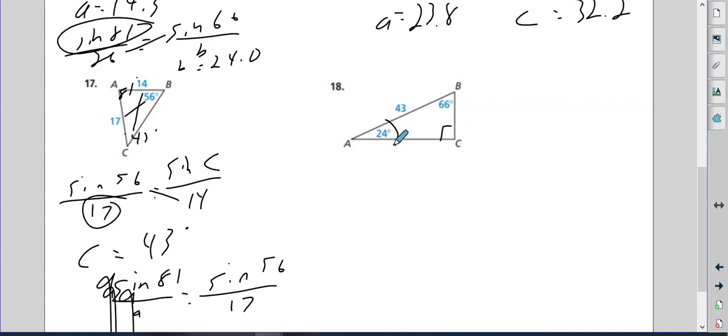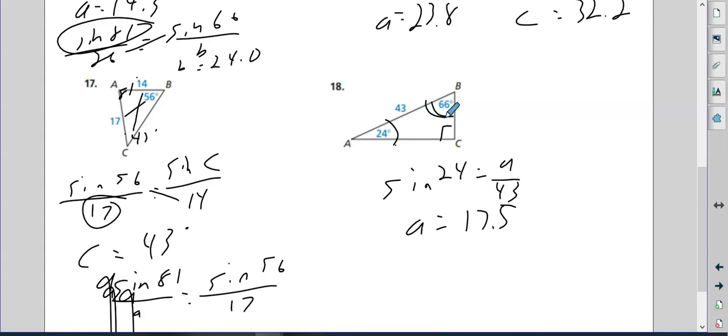So we can actually go back to our earlier stuff and find out from here. We can do sine or cosine, doesn't really matter, because we have the hypotenuse. So sine of 24 equals opposite over hypotenuse. Multiply both sides by 43, and we get 17.5. And then from here, again, we have the hypotenuse, so I can just use sine again.